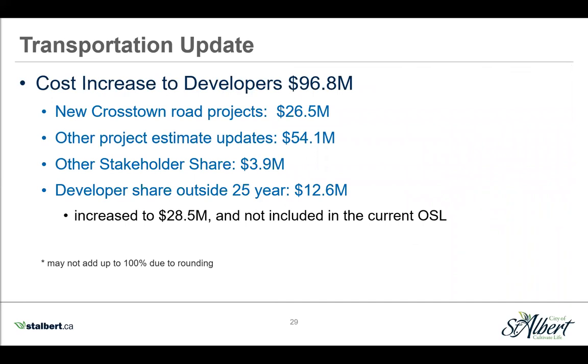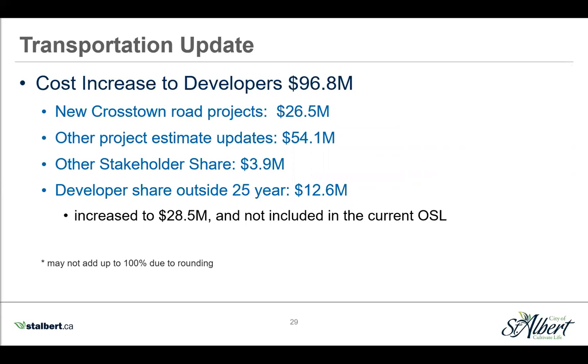So I want to break down the costs that have resulted in the off-site levy transportation increase. 26.5 million can be attributed to the new crosstown roads, and this amount does not include the portions of the project's costs that are allocated to the city. We saw a $54.1 million increase for project cost updates.